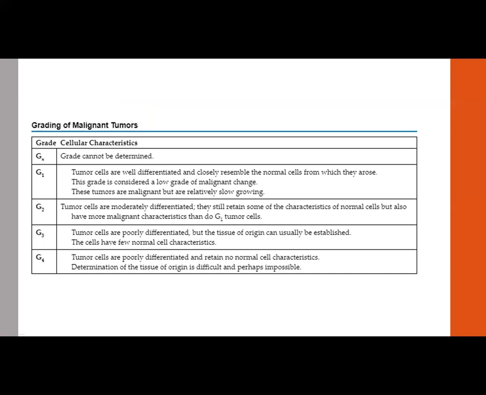That means that we are concerned that this one is a more, I guess, dangerous cancer cell, and they retain no normal cell characteristics. Determination of tissue of origin is difficult and perhaps impossible. So if you're taking care of an oncology patient and you see that they're a G4, that means that we're looking towards more palliative care more than likely, because that means that this is a very poorly differentiated cell and they don't have those normal cellular functions anymore or cellular characteristics.